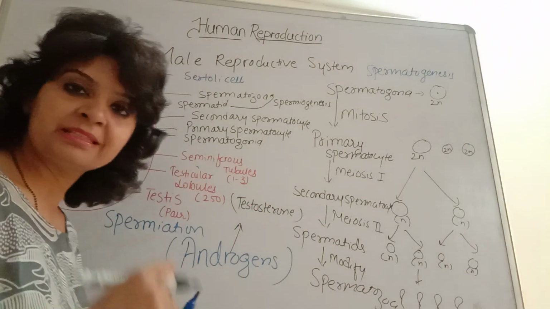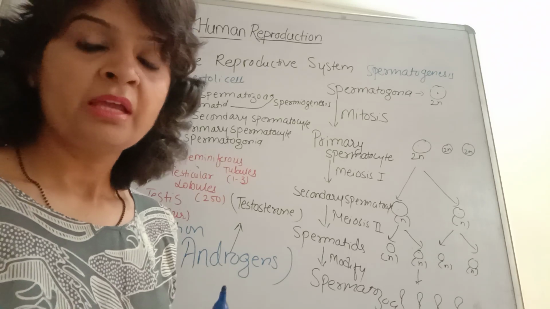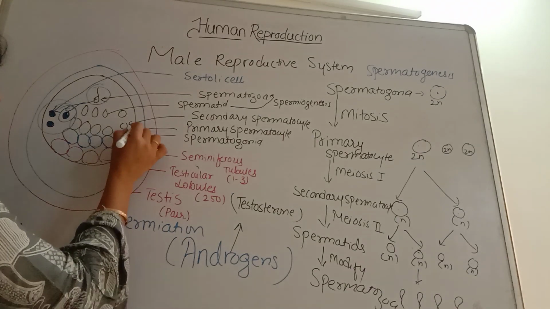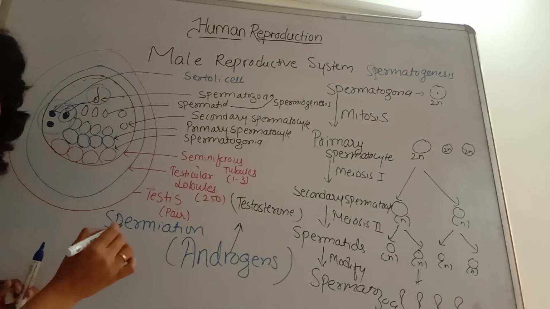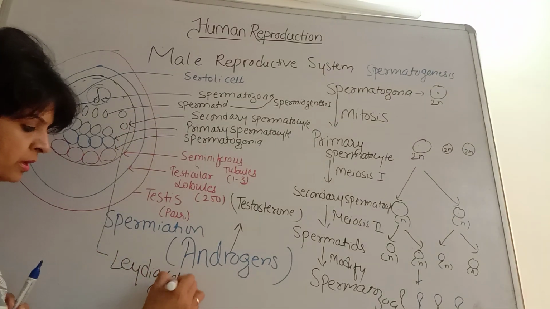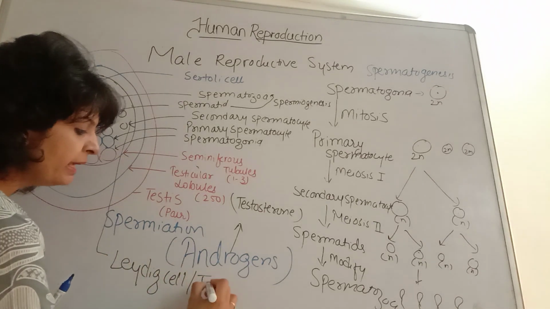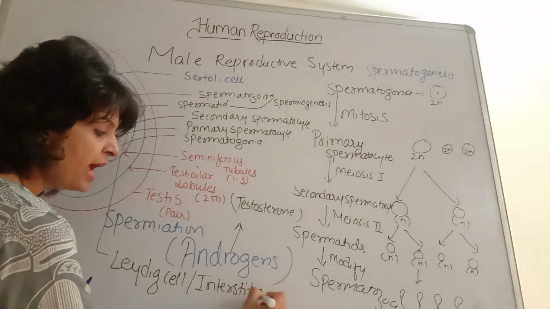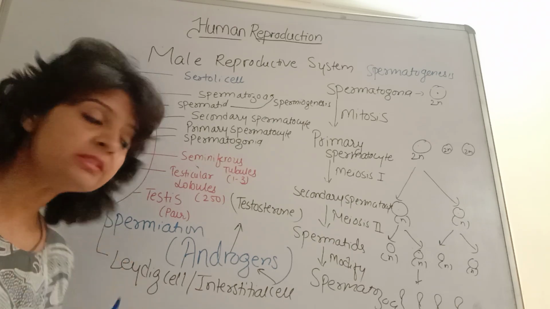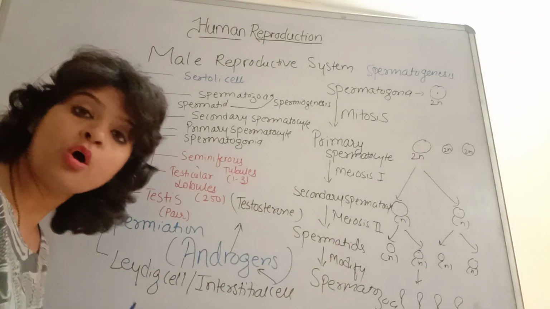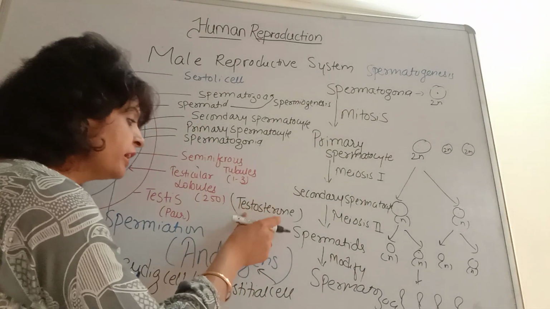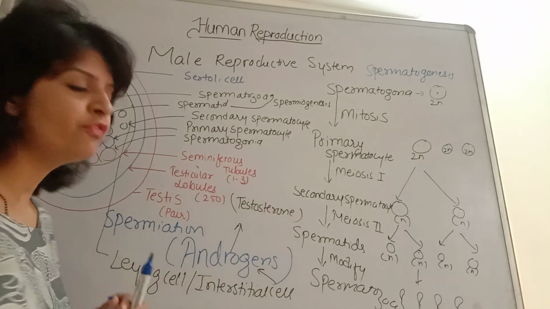Testis secretes testosterone. Actually it's not the testis that is secreting. It is a cell present in the interstitial space, termed the Leydig cell, or we call it the interstitial cell. This interstitial cell secretes the androgens, a group of hormones, and one of them is testosterone, which aids in the formation of the sperm.